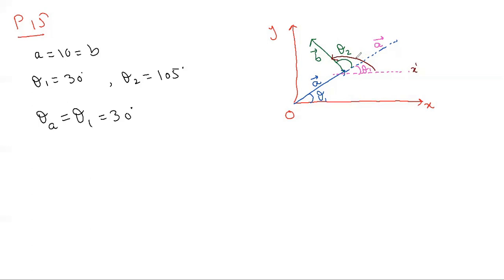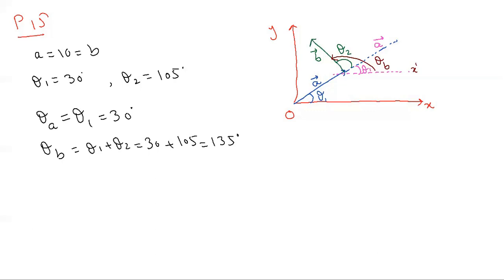So theta B should be equal to theta 1 plus theta 2. That is 30 plus 105, which is 135 degrees. I hope it is now clear to you what our angle will be.